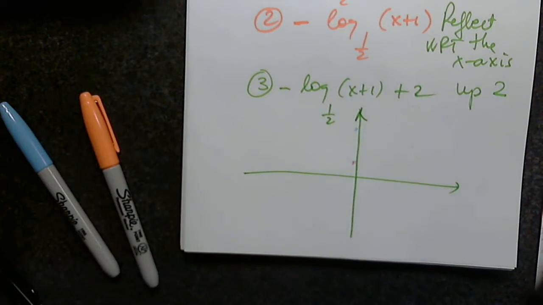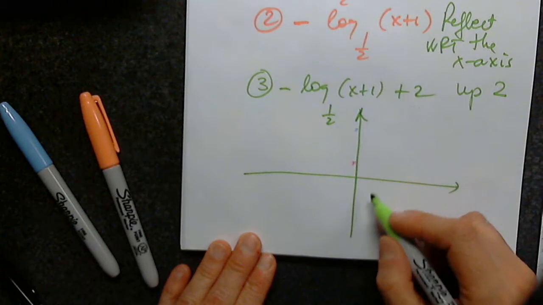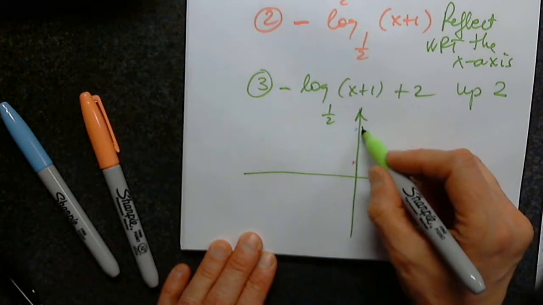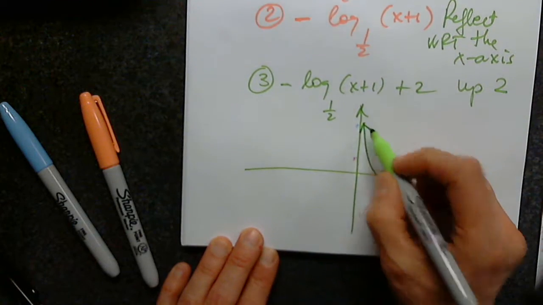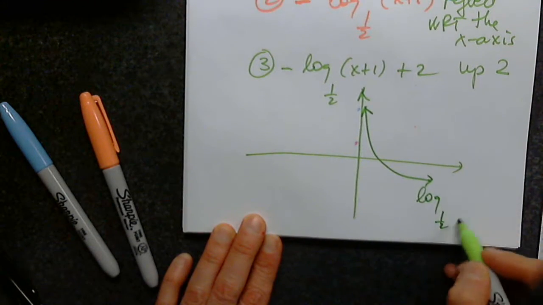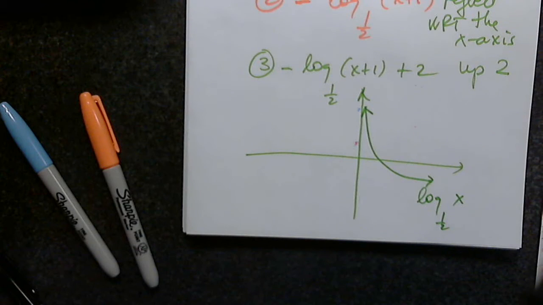How do I graph log base 1/2 of x? Is it increasing on all its domain, or is it decreasing on all its domain? Decreasing. Very good. So not this, but this. Very good. So log 1/2 of x. Awesome. Now what? This function has an asymptote. Can anyone dictate the asymptote of this function?